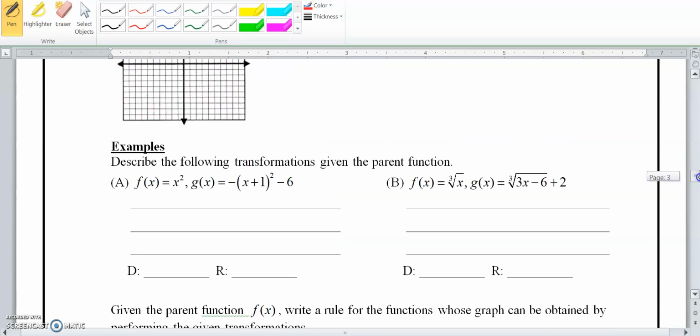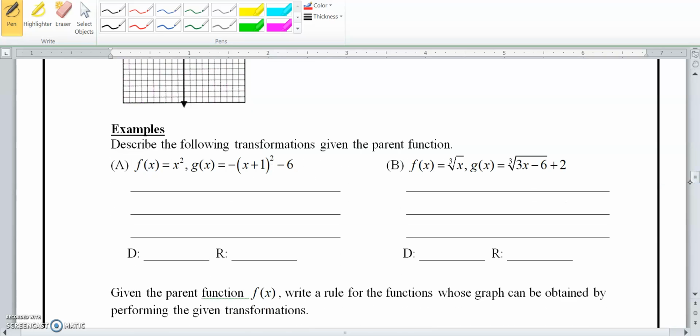The last thing, well, I'll do just one of these to give you the idea, but they're asking what happened to the parent function x squared by converting it and translating it under g of x here. So one thing we do is we go through a list of the rules, what happened. We can see the x plus 1 says that we shifted left 1 unit. The negative out front, that would be the negative a.